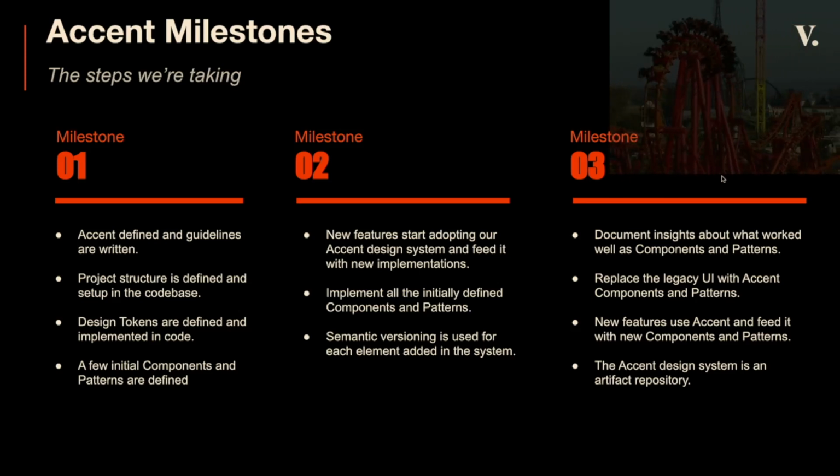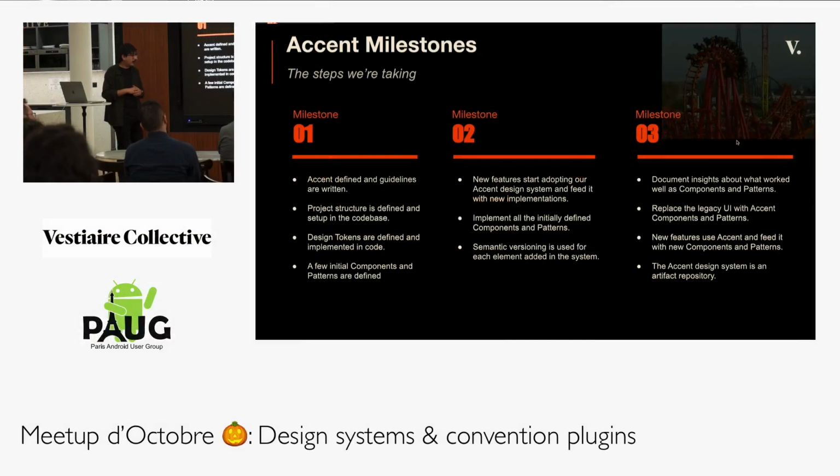New features systematically use Accent and feed it. Another point is we want the Accent design system to become an artifact repository that all of our apps can consume. Just to say that each milestone is around 1 to 2 quarters of work.